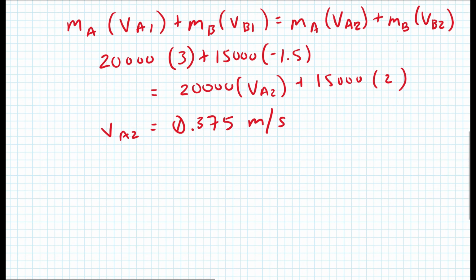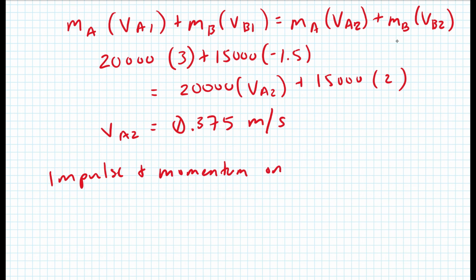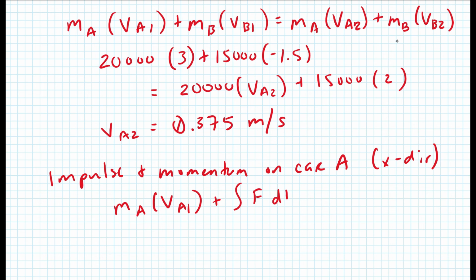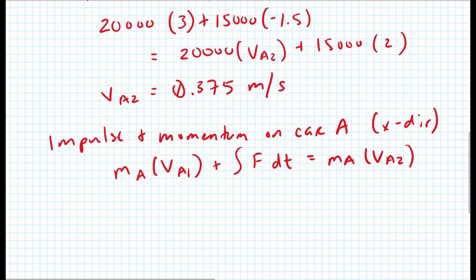Then looking at the impulse and momentum on car A, in the x direction, we have m sub A v A1 minus the integral of F with respect to t equals m sub A v A2.